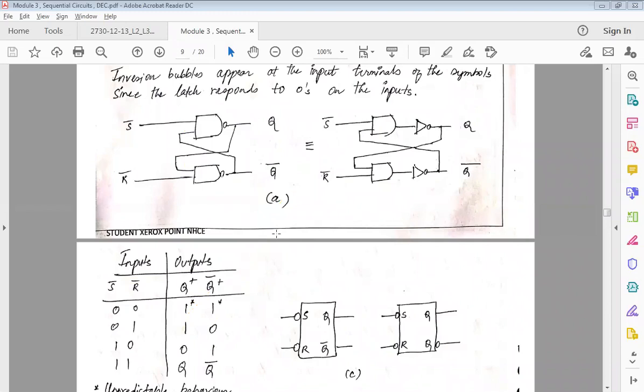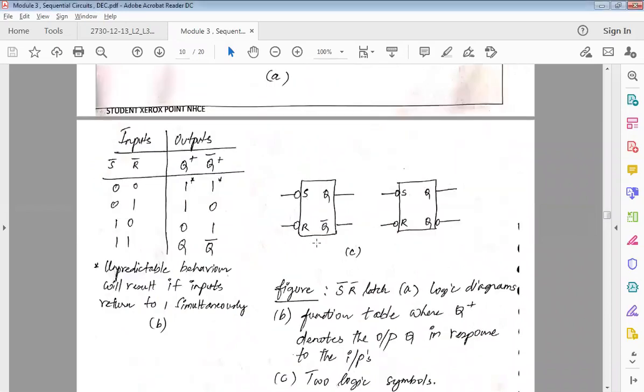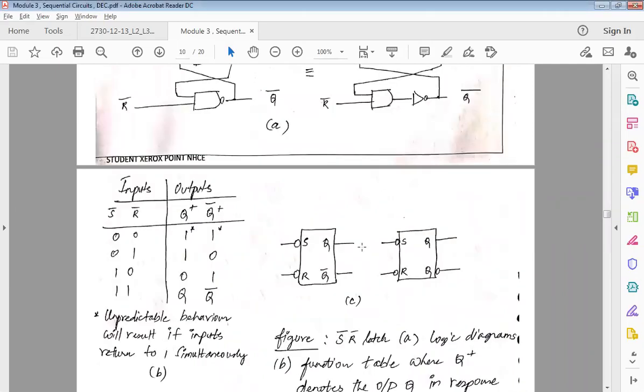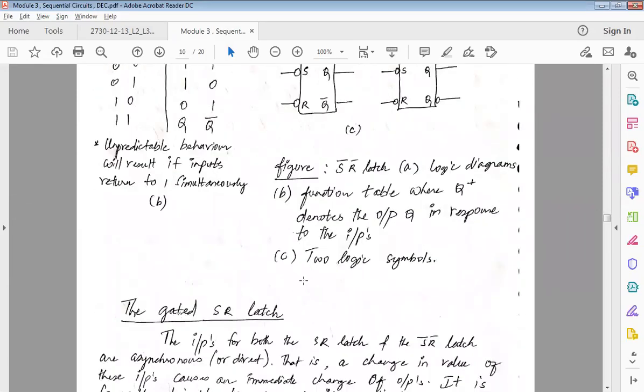So these are going to be your symbols for the SR latch. Bar is used, or these bubbles are used, as I told you yesterday. These are some of the representations at the output side. So Q bar is here.